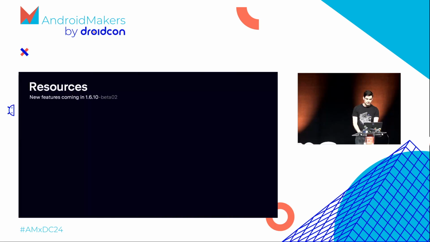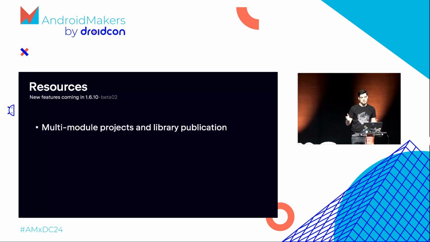All right. I want to highlight some things that are coming in newer versions of resources. As I mentioned, we already shipped this in 1.6, but we are adding improvements constantly. And in 1.6.10, we will have support for using these in multi-module projects, as well as shipping libraries that use resources, which was one of the important missing parts before.